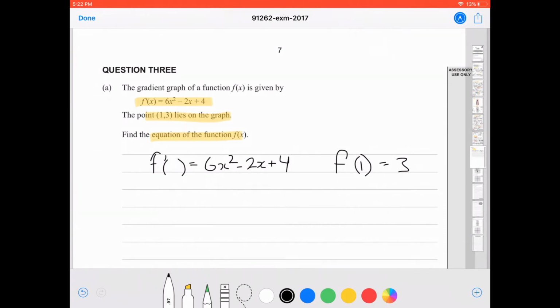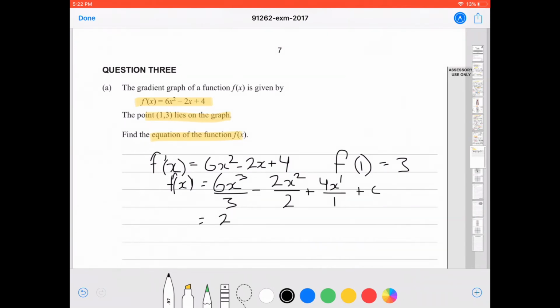Now, we want to integrate here or anti-differentiate, so we can say f of x equals, and hopefully you're familiar with this, 6x to the 2 plus 1, over 3, minus 2x squared over 2, plus 4x, and we could even write 4x to the 1 over 1, plus c.